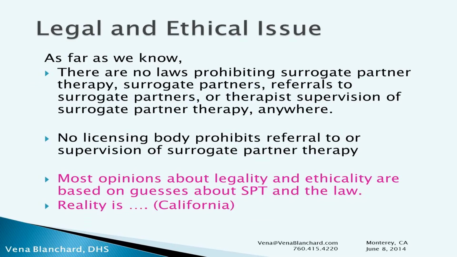I've spoken with legislators, I've spoken with district attorneys, I know people who are licensed in several different kinds of licenses where the licensing board had occasion to look at cases where the client had been referred to a surrogate partner. The therapist was exonerated on all counts. In California, if a client files a complaint about anything, the licensing board looks at everything to do with that case.